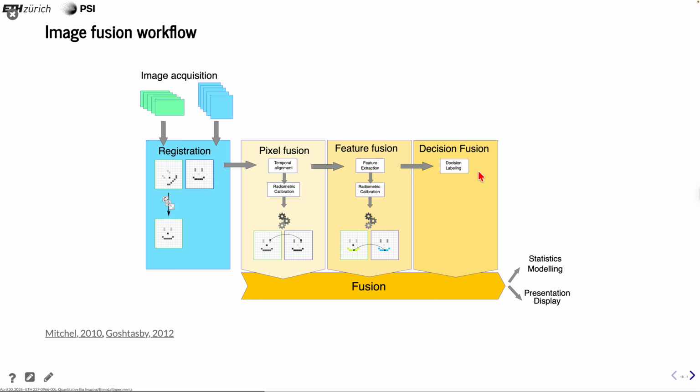Finally, you can also do decision labeling, and in the end, all gives some kind of fusion. This fused data can be used for further statistics, modeling, etc., but it can also be used for presentation and display of the data.